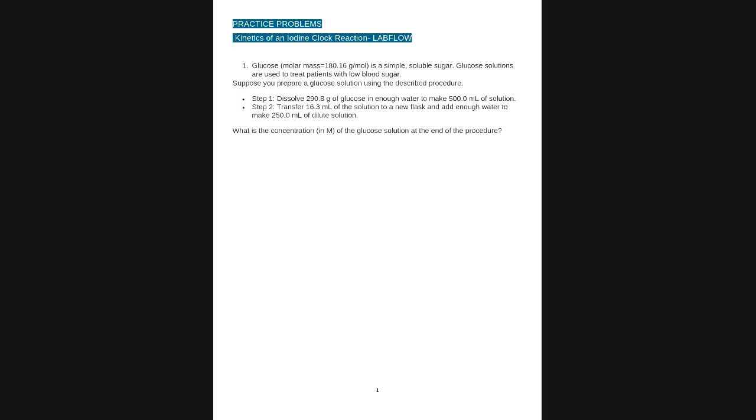So everyone will have different numbers, but it's the same reaction. Everybody's studying the reaction between iodide and bromate in acidic conditions. And everything that I'm explaining now on how to calculate the initial rate applies to your experiment when it's time for you to do the report. Did I answer your question?